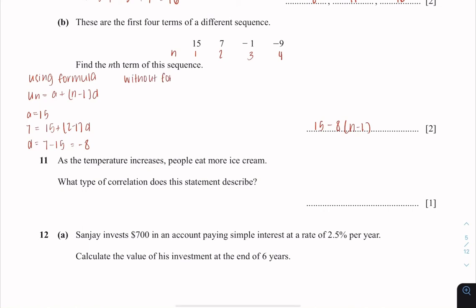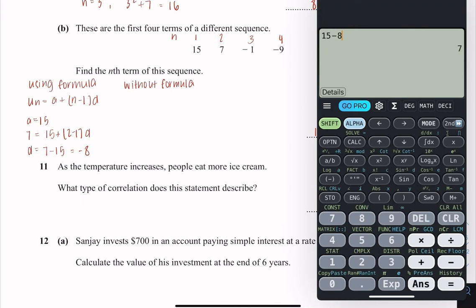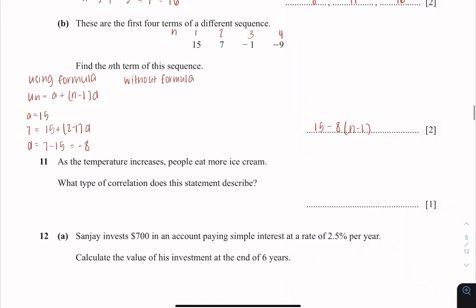Second method is without the formula. So this is manually. First you find the difference between the terms, and in this case it is -8. So -8n: for the 1st, 2nd, 3rd, 4th terms, that is -8, -16, -24, and -32.